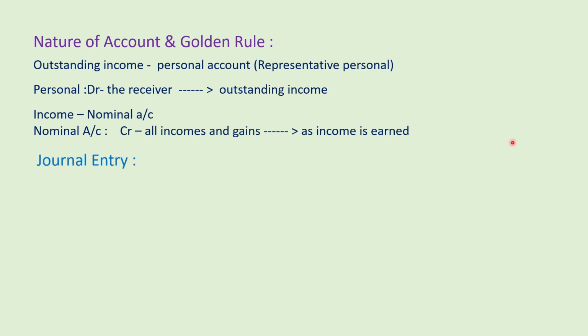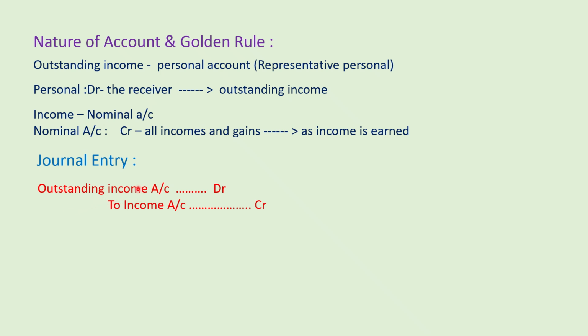So what is the final journal entry? Outstanding income account debit to income account credit. This is the important journal entry. Some people get confused between outstanding income and outstanding expenses. So remember, outstanding income is receivable.